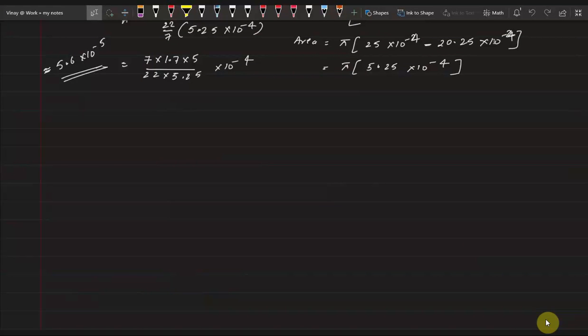Try to solve it. Very simple question. Sir, page number 134, problem number 1. Yeah, this problem has to do with... It is simple only.